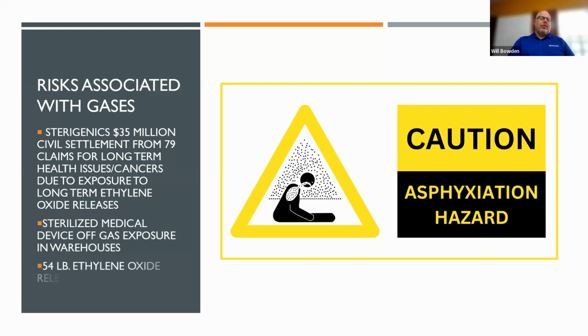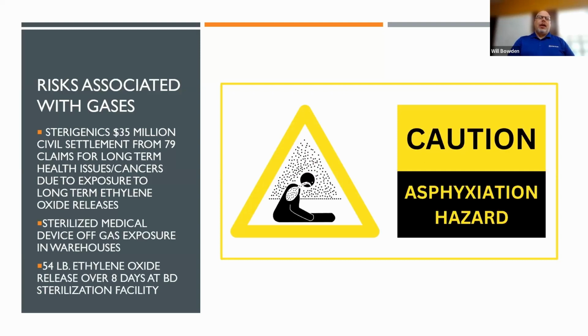Next item is sterilized medical device off-gas exposure in warehouses. And again, we're going to include a link to that story. The third example would be a 54-pound ethylene oxide release over 8 days at a BD sterilization facility in Conyers, Georgia, which is also outside of Atlanta.